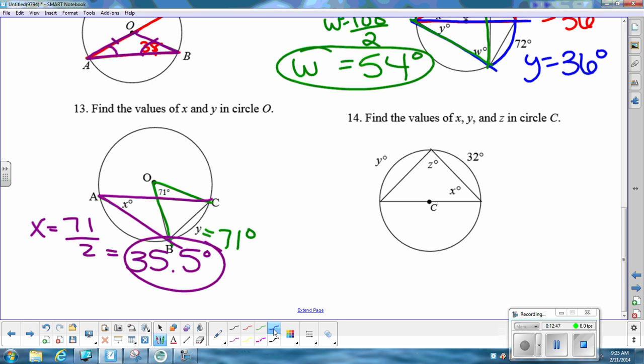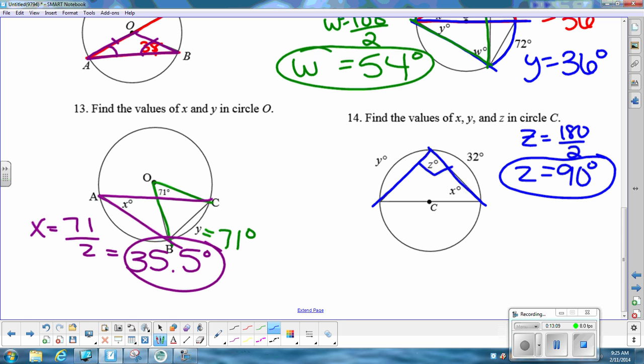All right, so we look at number 14. If I look right at angle Z, it intercepts a semicircle, which means that Z is 180 divided by 2, so that's 90 degrees.